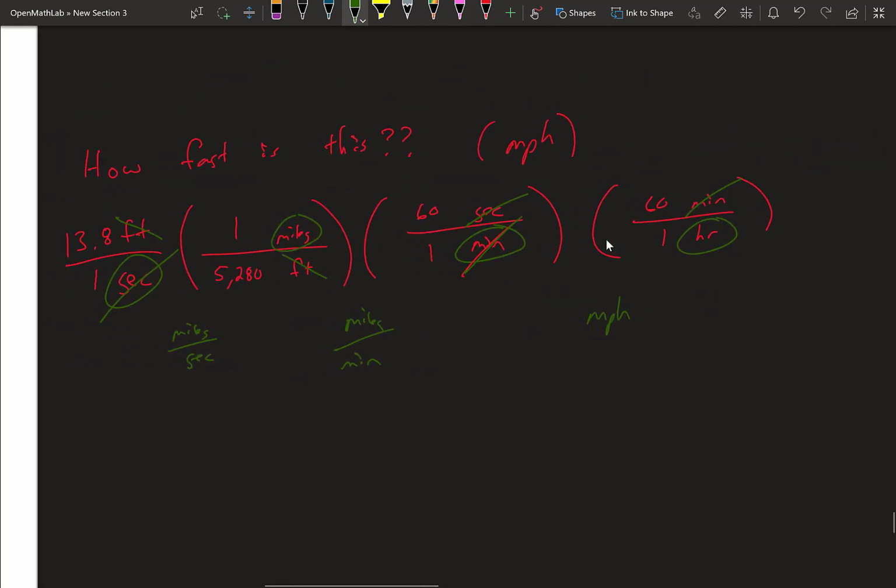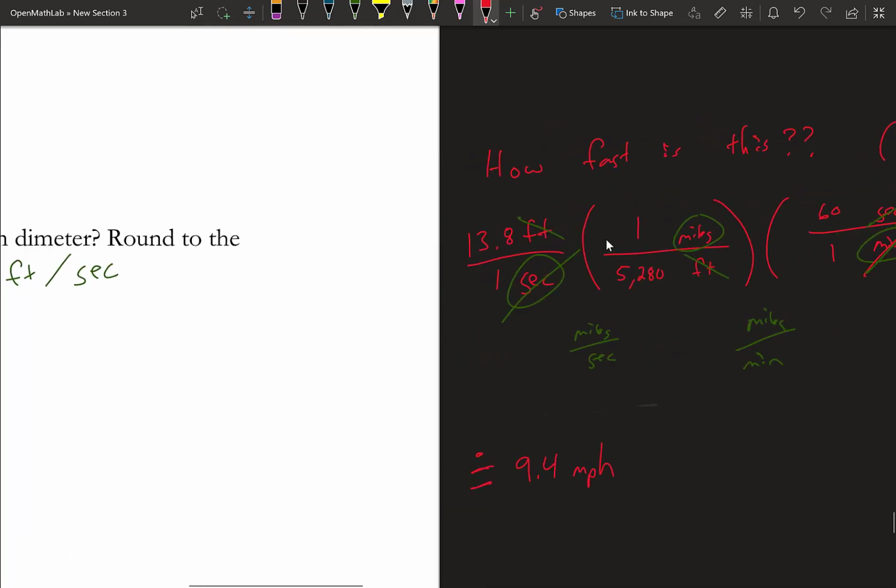If I multiply straight across, what you should get is approximately 9.4 miles per hour. So that's going pretty quick, about roughly 10 miles an hour. That seems pretty quick to me on a bike, so it helps put it in more perspective.